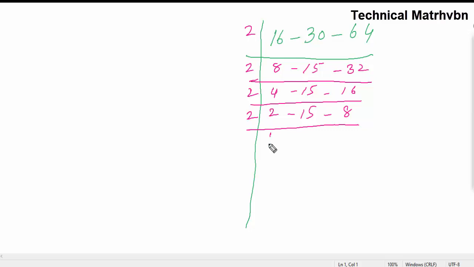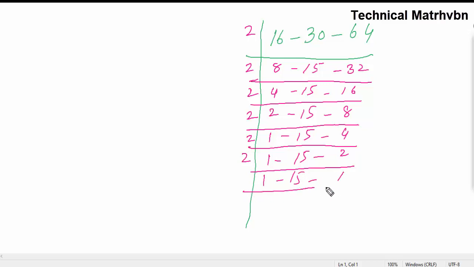Again it will divide by 2: 2 1s are 2, 15 as it is, 2 4s are 8. Now 2 1s are 2, 15 as it is, 2 2s are 4. Then 2 1s are 2, 3 5s are 15, and 5 1s are 5. So these are the factors.